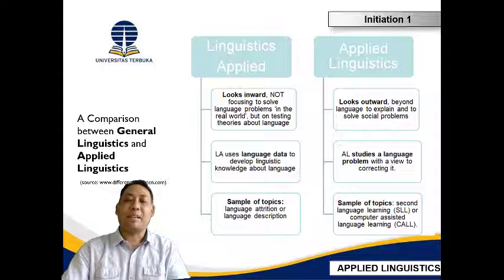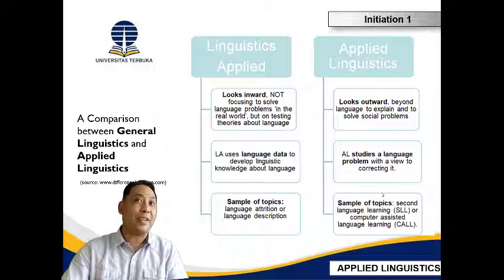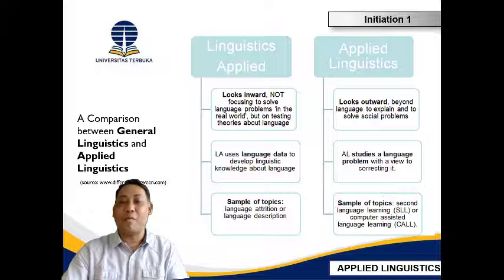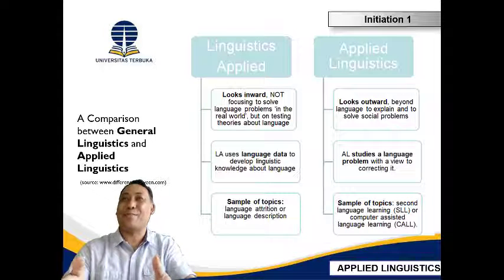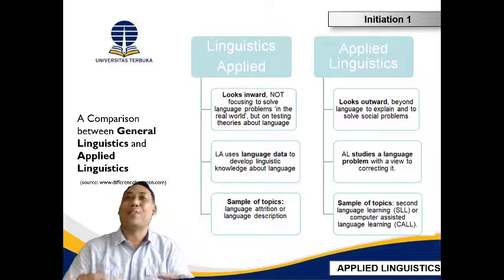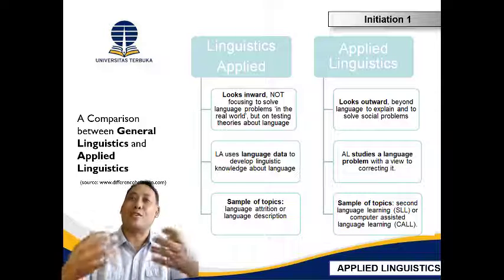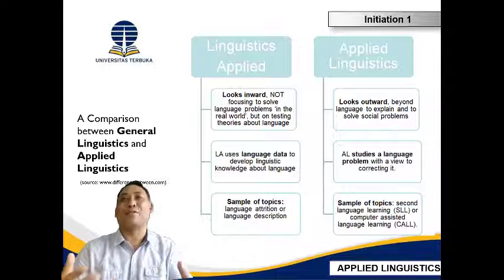And these are some sample topics, for example, language attrition and language description for linguistics applied. While for applied linguistics, the samples are, for example, second language learning, what happens with that, or computer assisted language learning. So not directly about the language, but how technology could be incorporated in order to improve someone's learning experience.